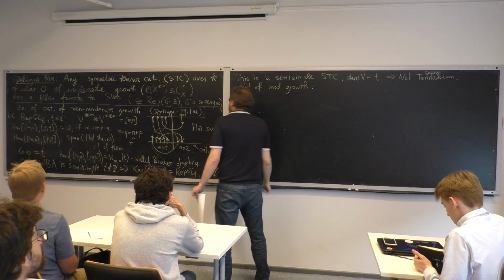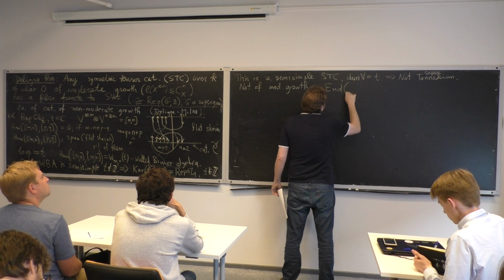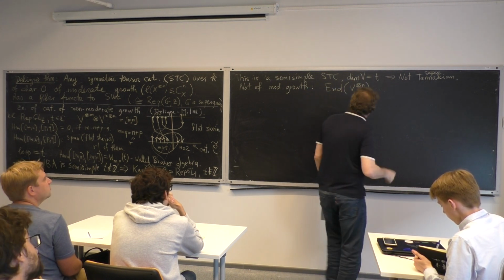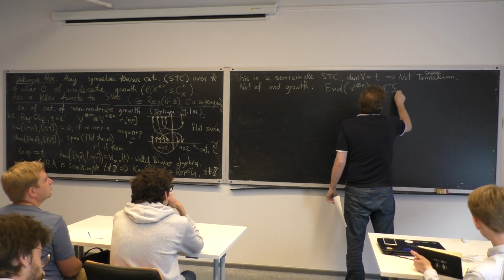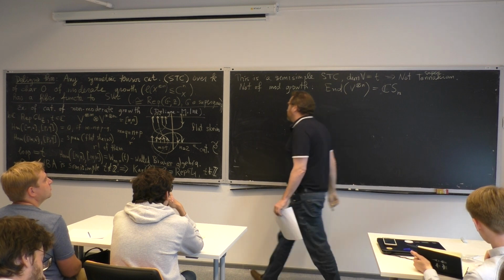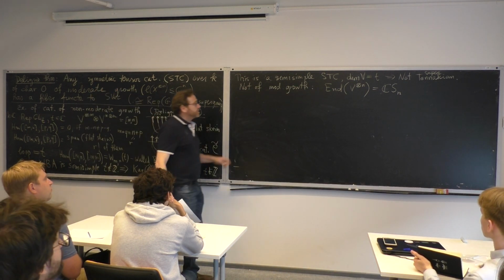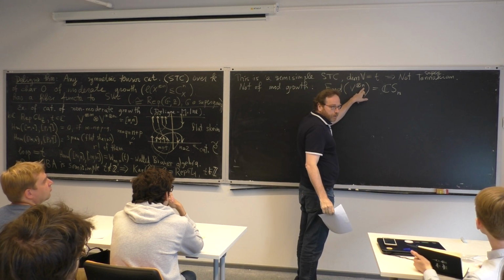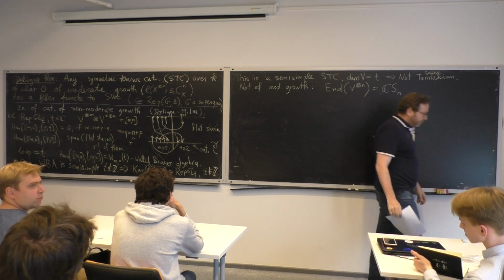And the reason is the following. So let's compute the endomorphisms of V to the n in this category. So this is just the group algebra of the symmetric group. For usual Schur-Weil duality, it only holds if the dimension of V is sufficiently large, bigger than or equal to n, because if not, then there will be some linear dependency.